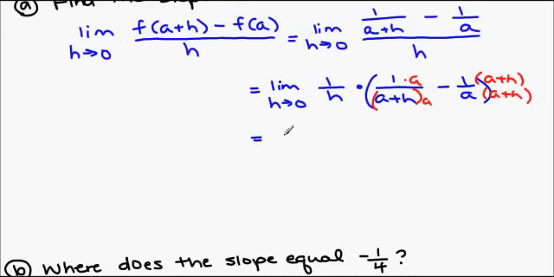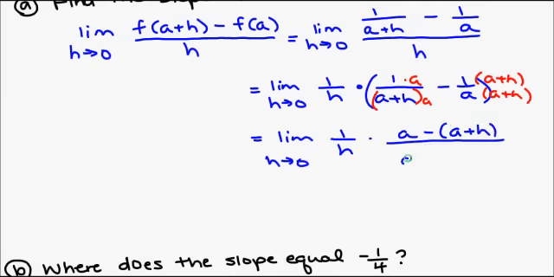So we end up with a minus a plus h all over a times a plus h. When you distribute this -1 here, you end up with a minus h on top.